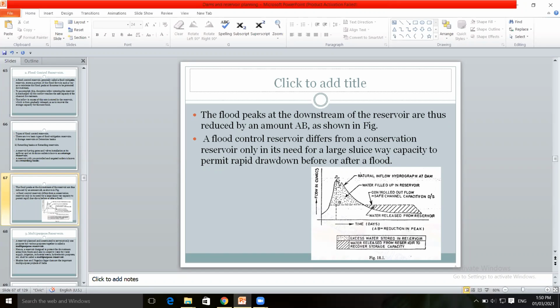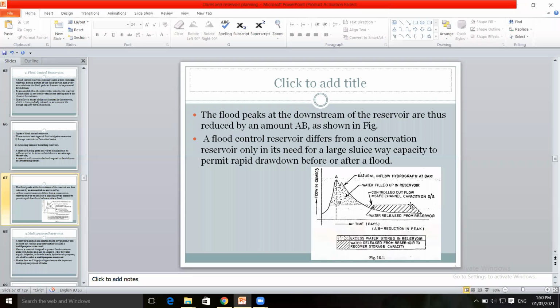A to B is the natural inflow hydrograph. फ्लो किती झालेला आहे, up to A to B एवढं इनफ्लो झालेलं आहे. ड्युरिंग पीक फ्लो there is an increase in water level, that is shown by this A to B dotted line. दिसते का? That shows the natural inflow.